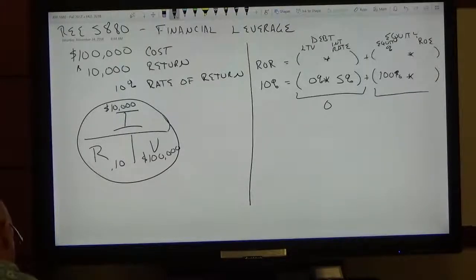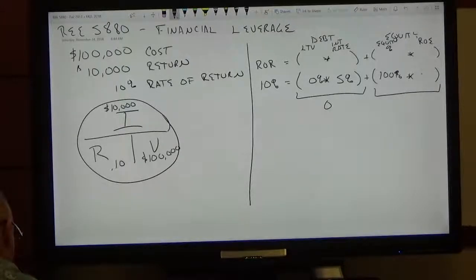Then on this side, what we're going to do is take that 10% and do what? Minus 0. In other words, we already pretty much know the answer, but I want you to try to figure it out mathematically.